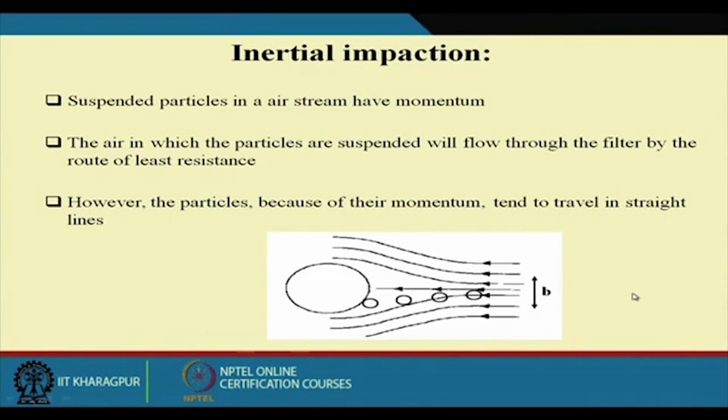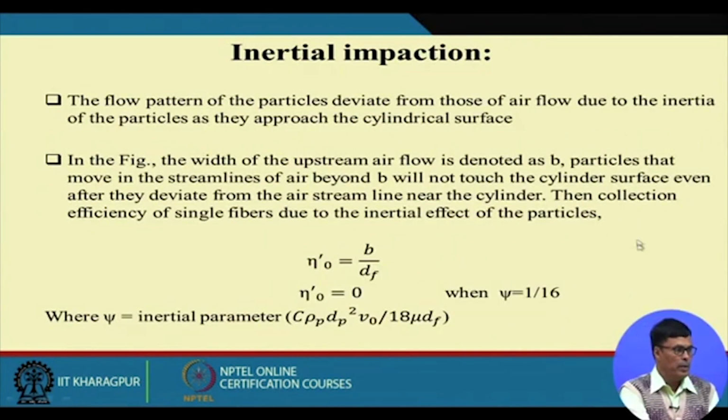So if you look here, the flow pattern of the particle deviates from that of the airflow due to the inertia of the particle as it approaches the cylinder, because this happens due to the high velocity of the fluid.